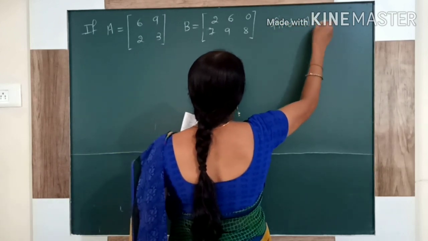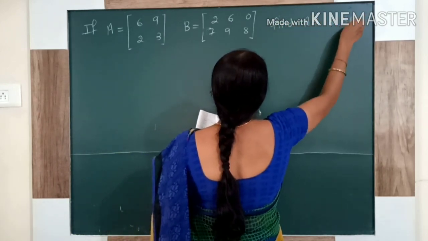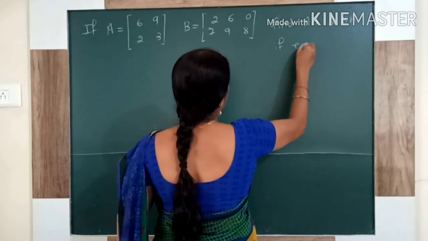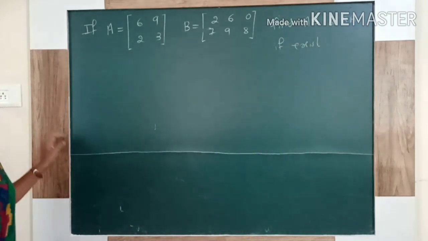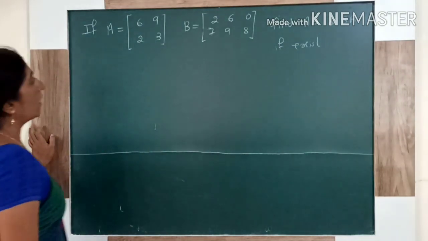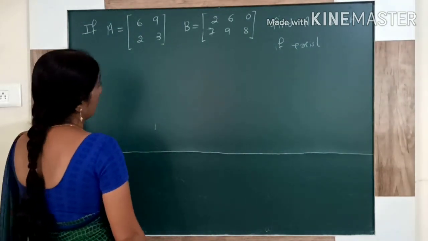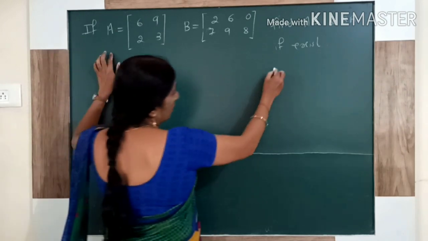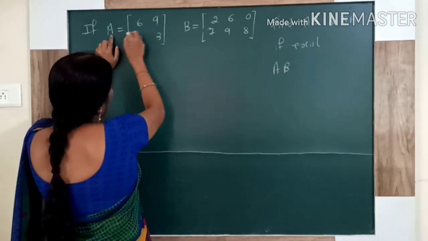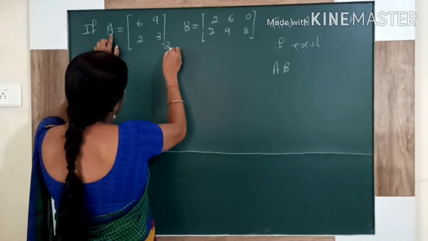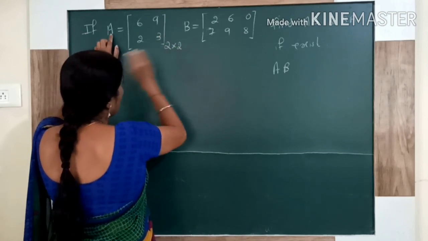Find AB and BA if they exist. So first we have to check whether multiplication is possible or not. AB. What is the order of matrix A? This is of order 2 by 2.